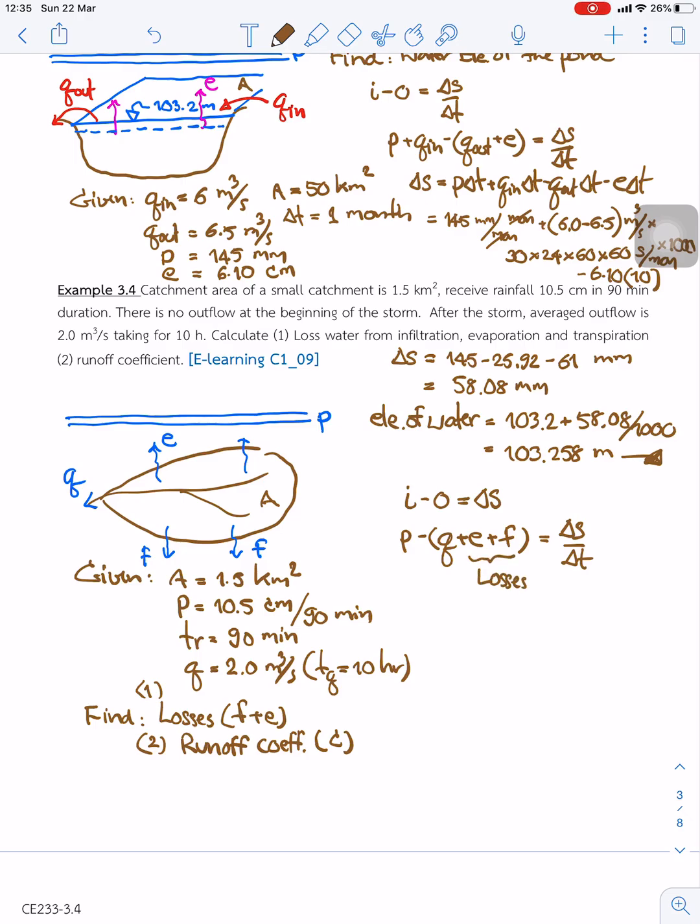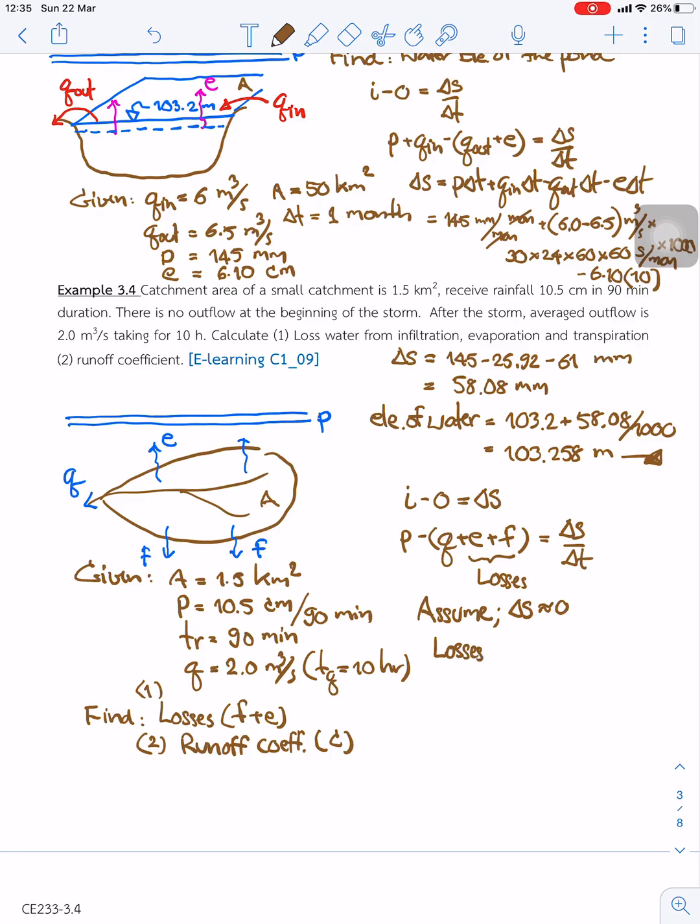that we just want to find, and we have only one equation, so we have to assume, because we have one equation, one unknown, we assume the change of storage is very small, so we can rearrange the equation.